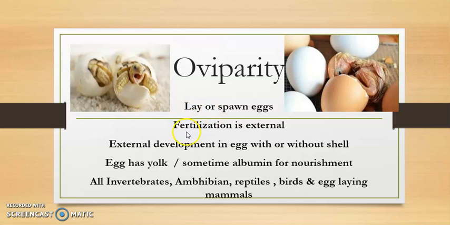In such organisms, the fertilization is external, and the development of the baby takes place within the egg, outside the body of the female, within the shell. Such eggs usually contain a large amount of yolk, and sometimes also egg albumin, also called egg white. This helps to nourish the baby and provide food.